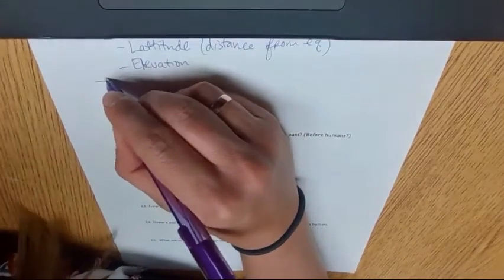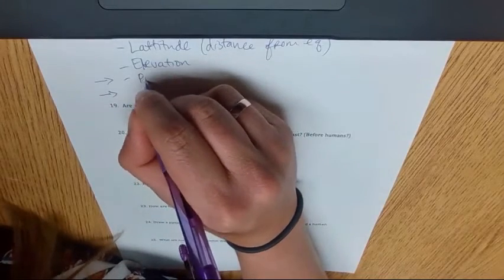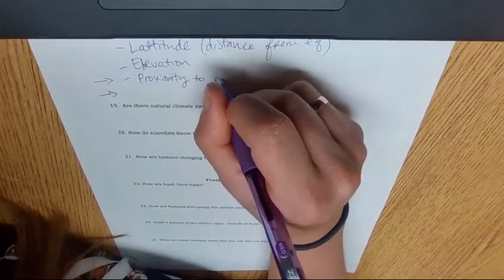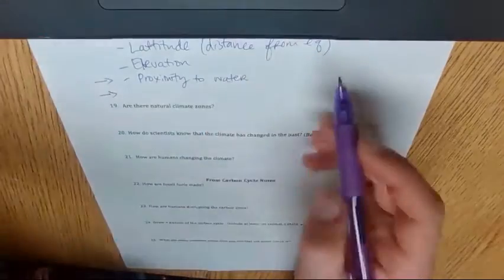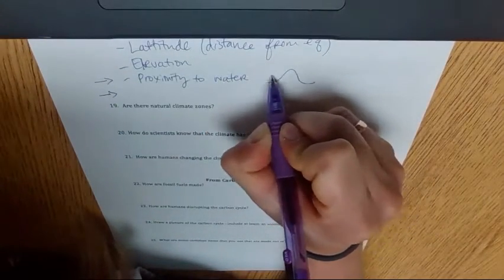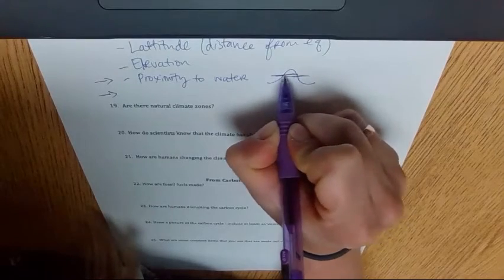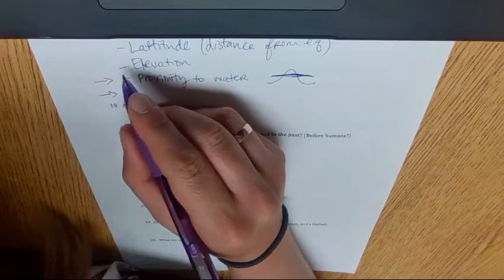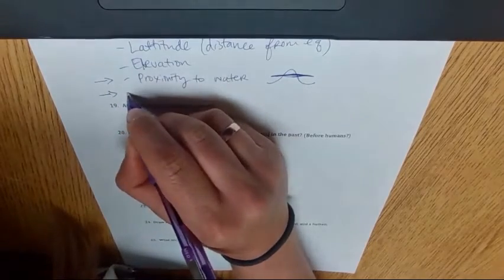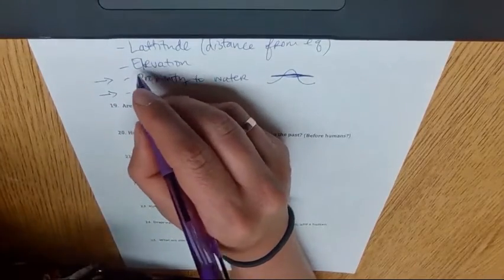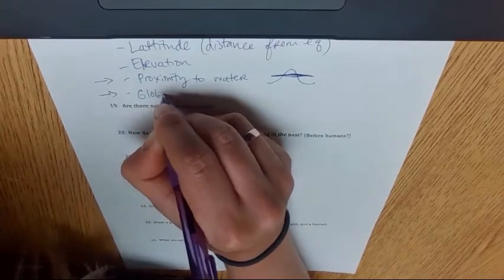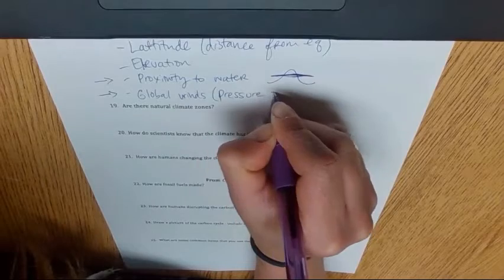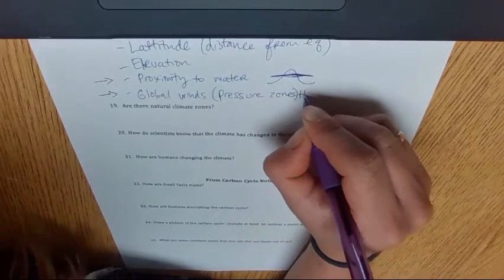And then the two that we focused on the most were proximity to water, which we just talked about with the graphs that were kind of like this. And also global winds and pressure zones. So that would be like the Hadley cells.